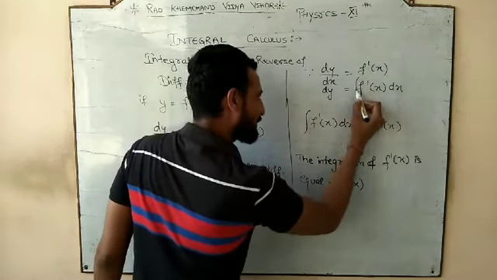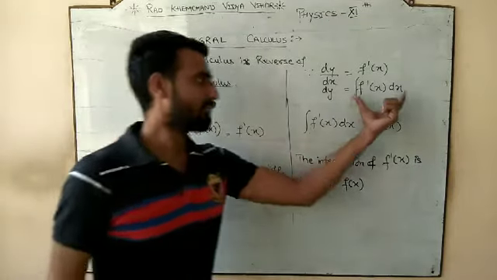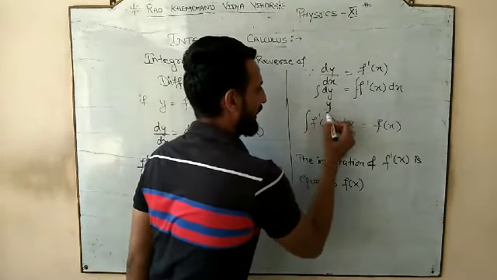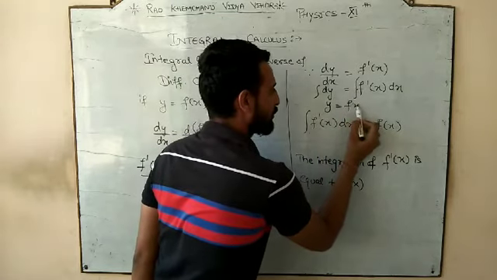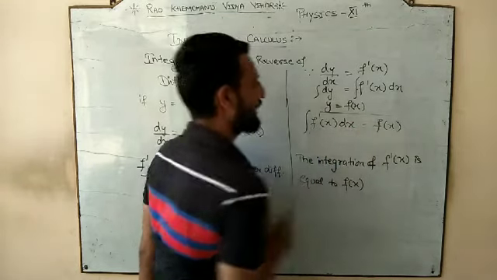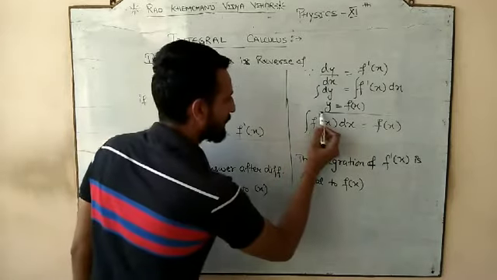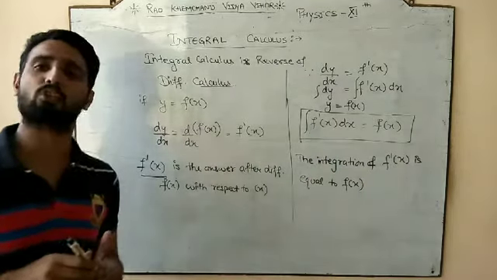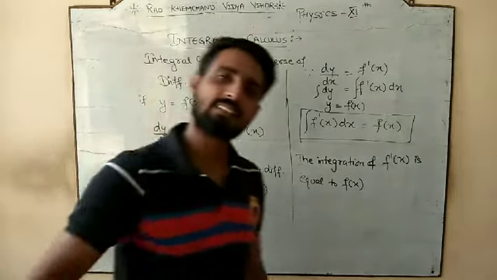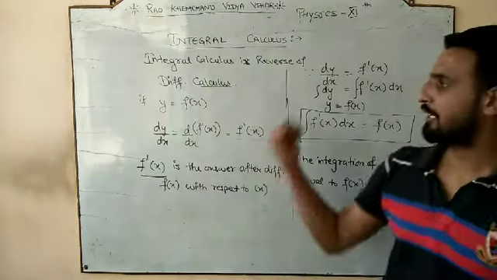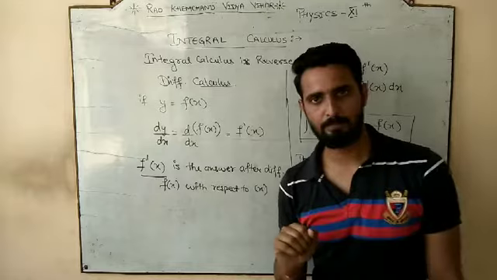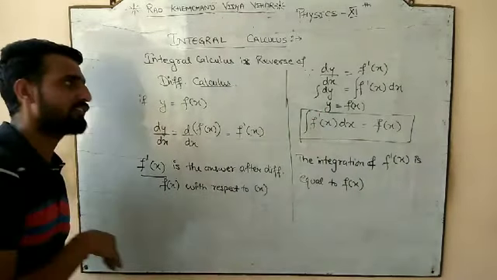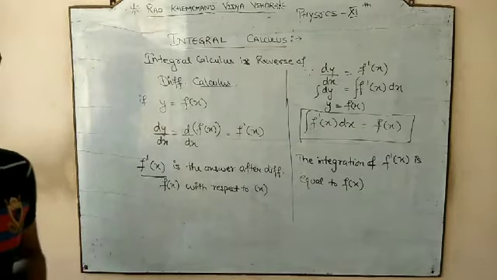And whatever be the integration, if we do the integration of this term, this will give us again y, which is equal to fx. That's why we say that the integration of any function with respect to x gives us the same function जिसका differentiation हमने पहले किया था. So in that manner we can say integration is the reverse of the differentiation.